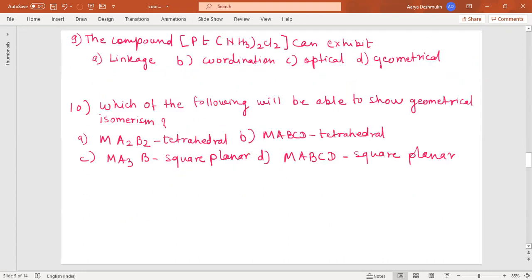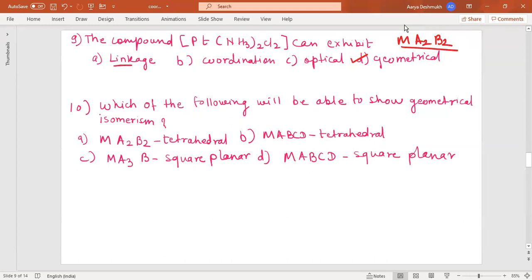The compound Pt(NH3)2Cl2 can exhibit linkage, coordination, optical or geometrical isomerism. Again, it's very simple. It will show geometrical isomerism. This is an Ma2B2 type of complex, so obviously this will show geometrical isomerism.